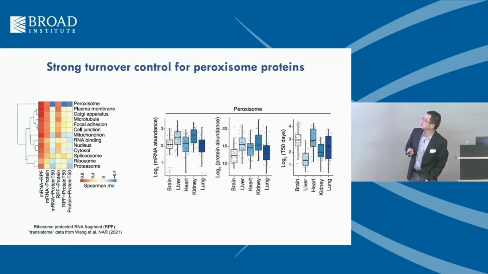So this, of course, can be driven by some important enzymes in the liver and their short lifetime. But in general, I think it very interestingly suggests that there is a strong turnover control for the peroxisome proteins that was not reported to the best of our knowledge.